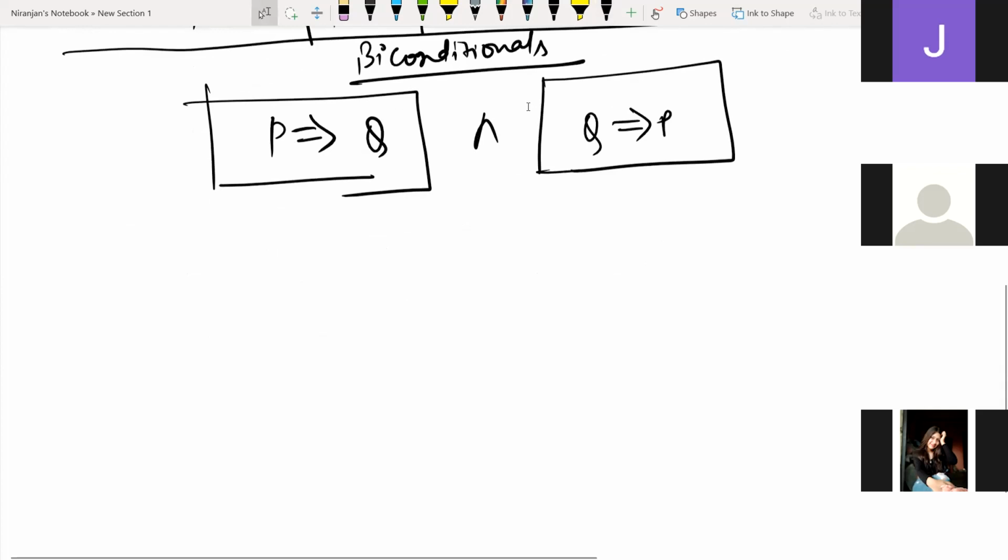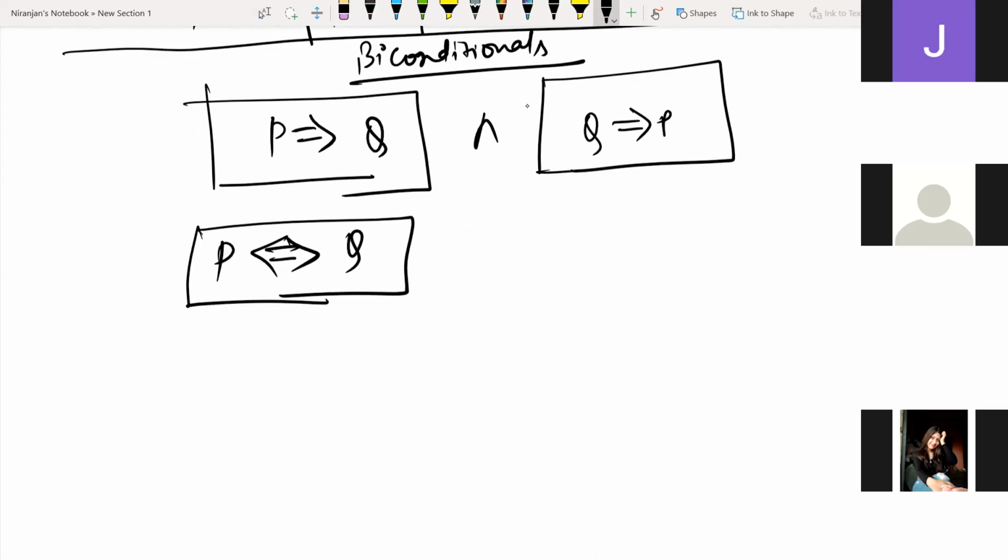Now, when you write this, combine them, you get this, right? And this is the both ways implication. Now, think about it. What does this mean when you say both way implication?